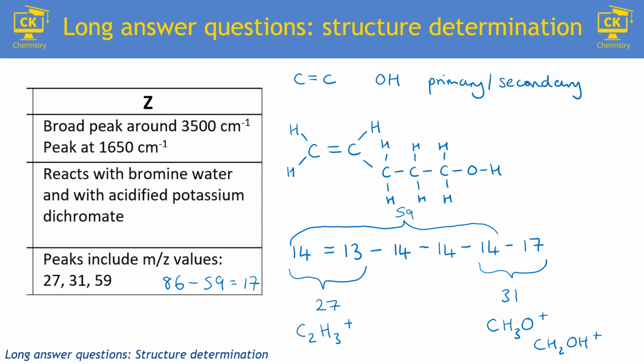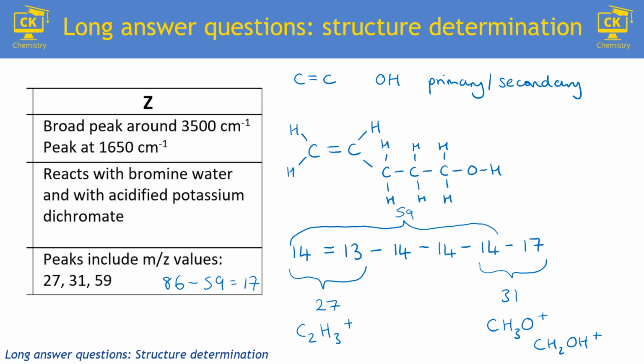So could we arrange this a different way? Well, we've already established from the previous isomer that the C double bond C needs to be like that in order to get C2H3. The only way we can get C2H3 is if we've got 2 H's on one of the double bond carbons. So we want to keep that peak.